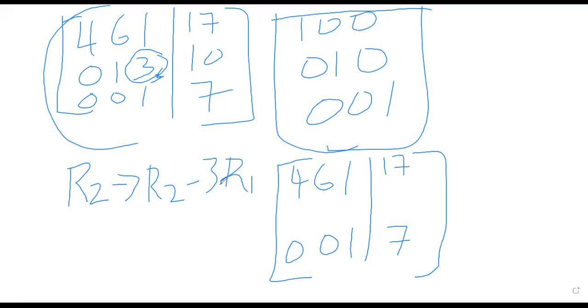Row 2 on the first side is 0, right? 0 minus 3 row 1, which is 4.